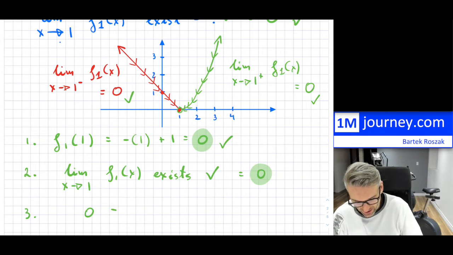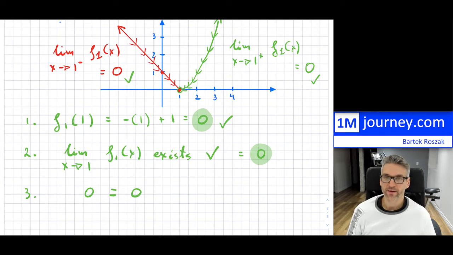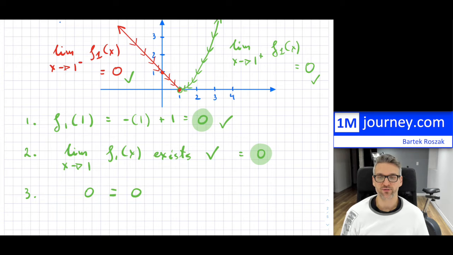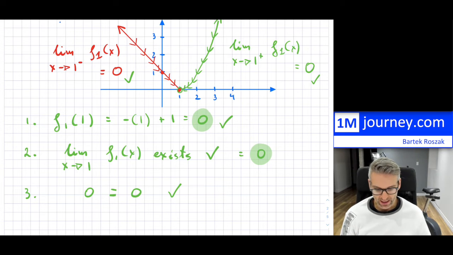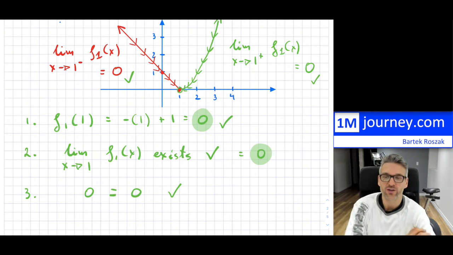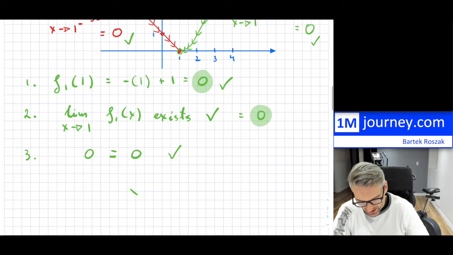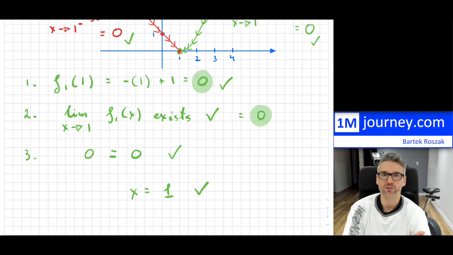So 0 is equal to 0. So the limit as x approaches 1 of that function is equal to the function at that point. That was my third condition, and now we would say that the function is continuous at x equals 1. That would have been true for this.